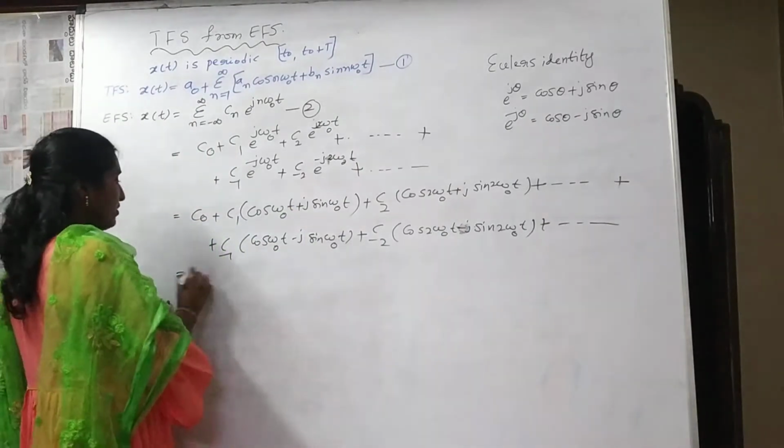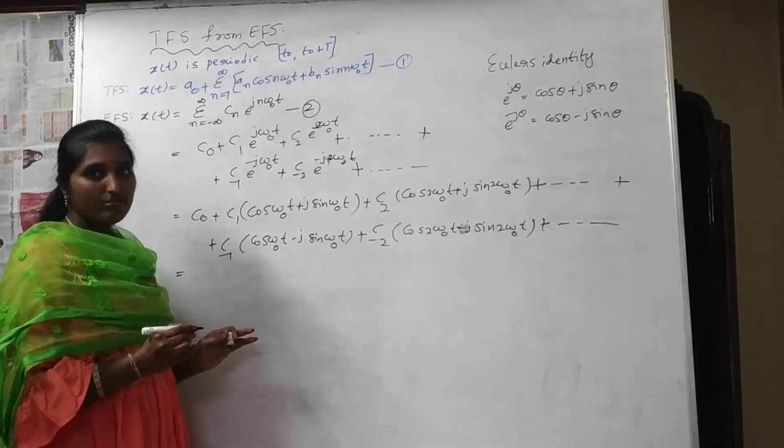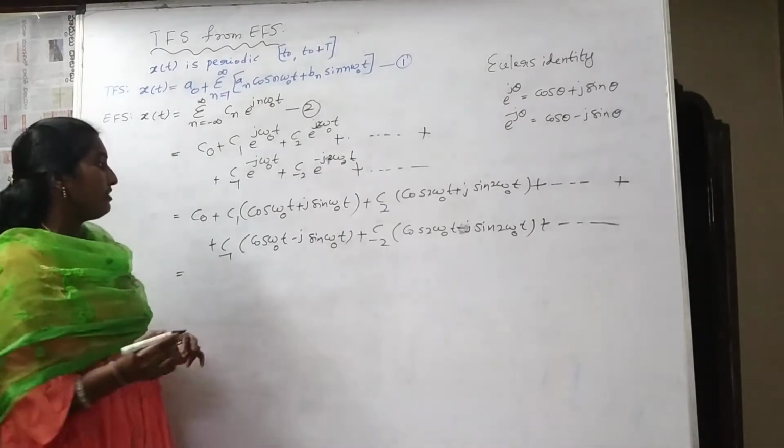This is the expansion of the second equation for the various n values, after applying Euler's identity.